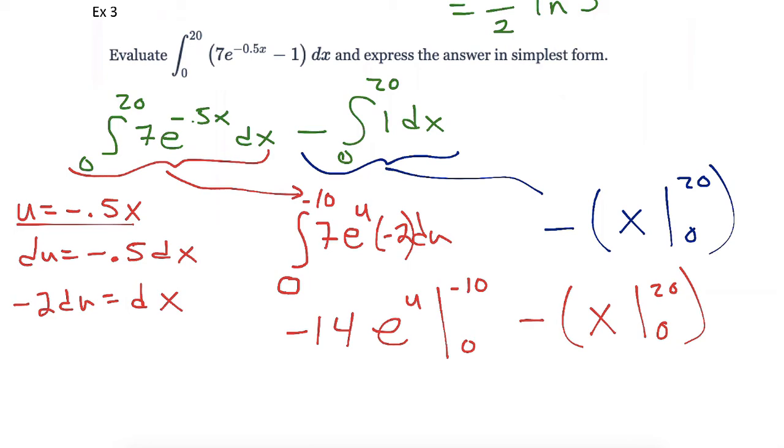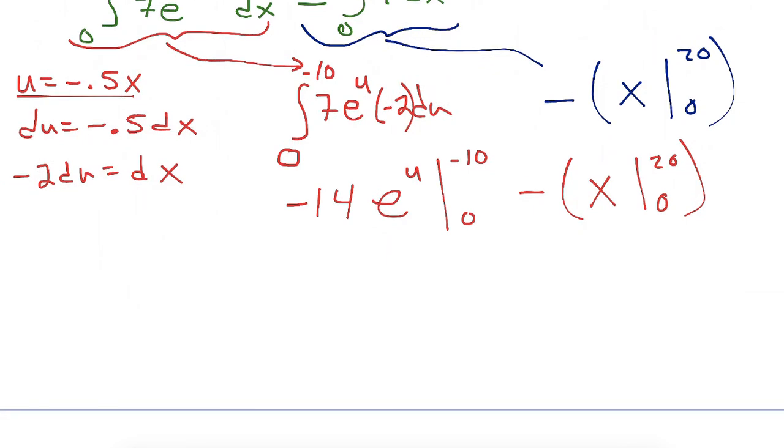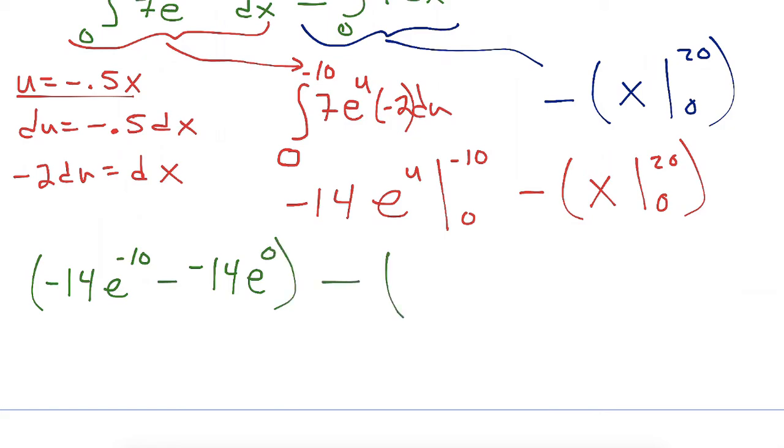And if I evaluate this one more time to plug these bounds in, I'm going to do it way over here on the side. I got negative 14 e to the negative 10 minus negative 14 e to the 0, minus 20 minus 0. So I just plugged in those bounds for each of those variables, and I did subtraction.